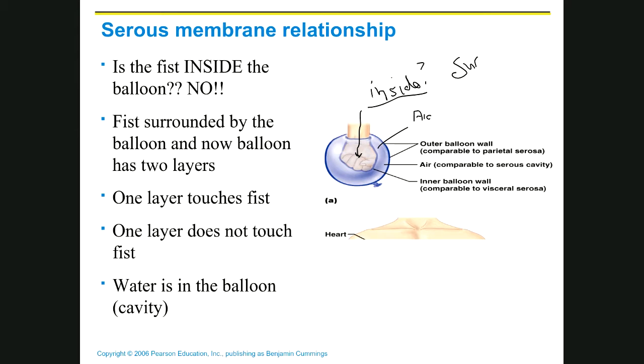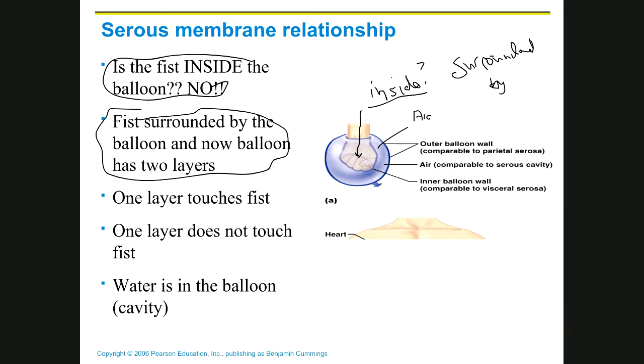It's not inside it, but it is surrounded by it. And when you push the fist down in there, you're going to create two layers. One layer touching the fist, one layer not touching the fist. And then we're going to have this space, this cavity in between.